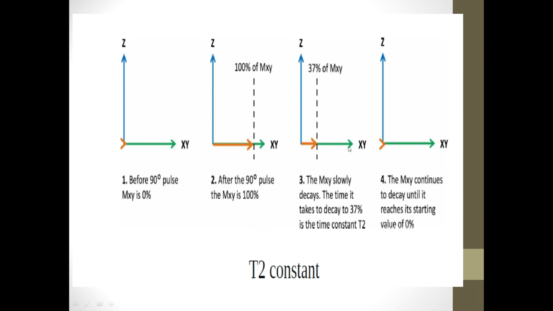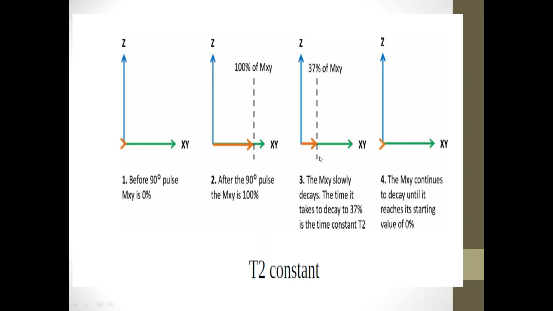The time taken to reach 37% of Mxy is called the T2 constant, which is the transverse magnetization decaying to 37% of Mxy. Mxy continues to decay until it reaches its starting value again, 0%.